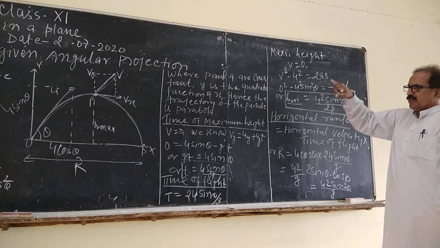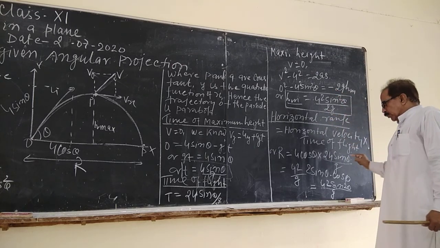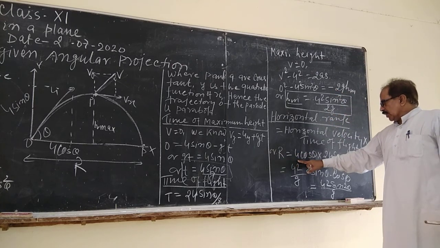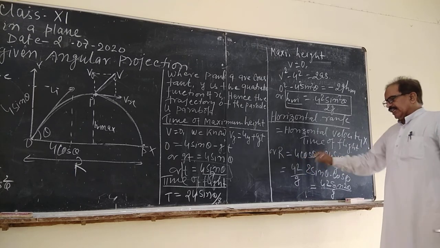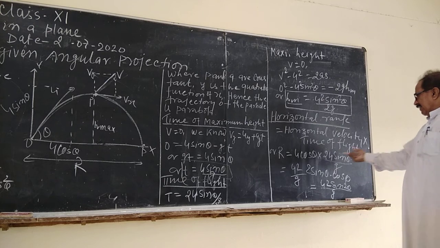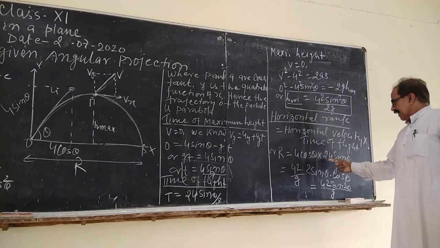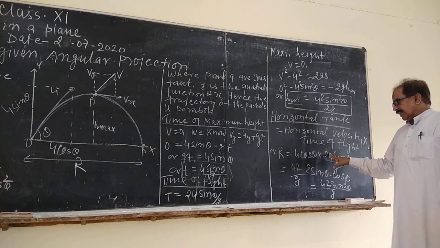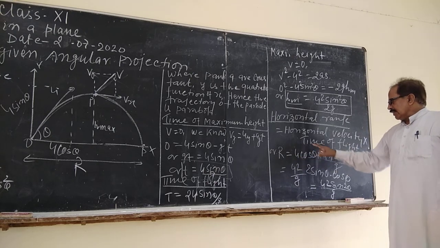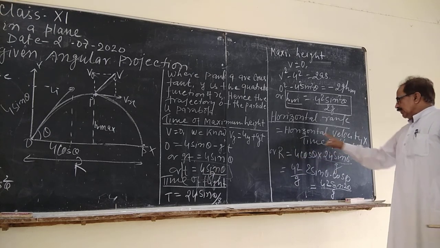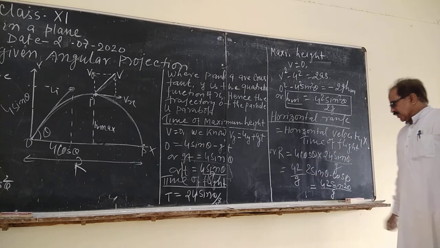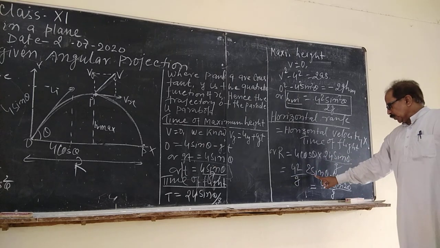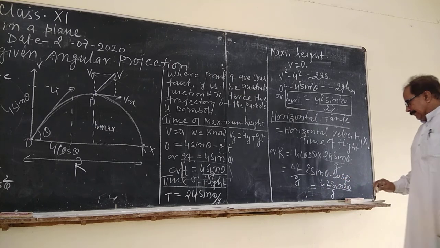So R is equal to horizontal velocity u cos theta, into the time of flight 2u sin theta upon g. Multiplying, we get u square by g into 2 sin theta cos theta.